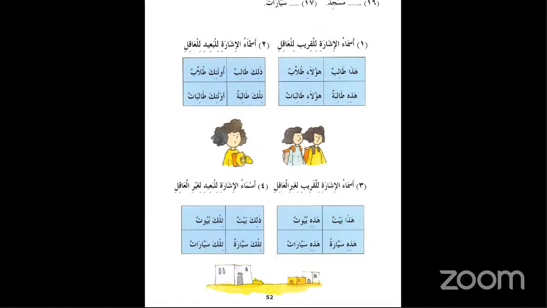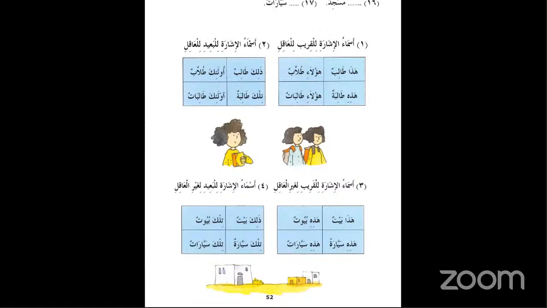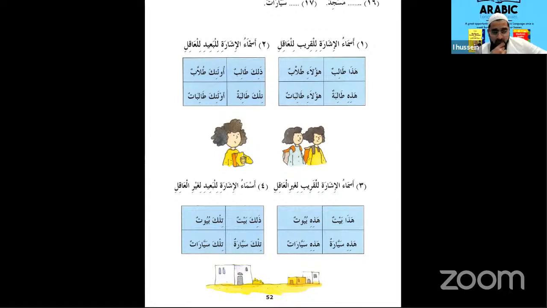These are female students. Correct. ذلك طالب, that is a male student. أولئك طلاب, those are male students. Correct. تلك طالبة, that is a female student. Correct. And أولئك طالبات, those are female students. Excellent. Shall I go on to the next one?